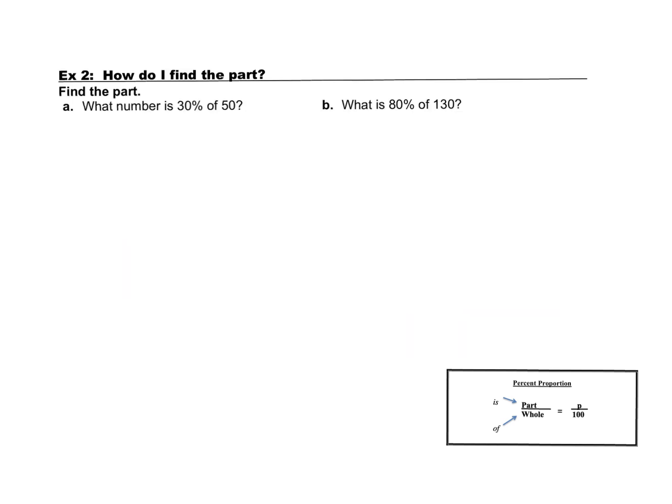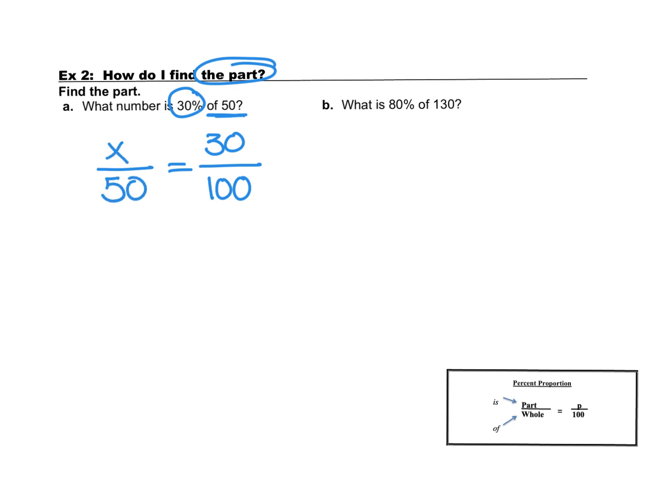In this next example, we're looking for the part. It says, what number is 30% of 50? Again, today we're setting these up as proportions, and I'm going to make my proportion here. It says 30%, so I always place that first over the 100, and then it says of 50. Remember, the "out of" is our whole, so we're looking for the part here.